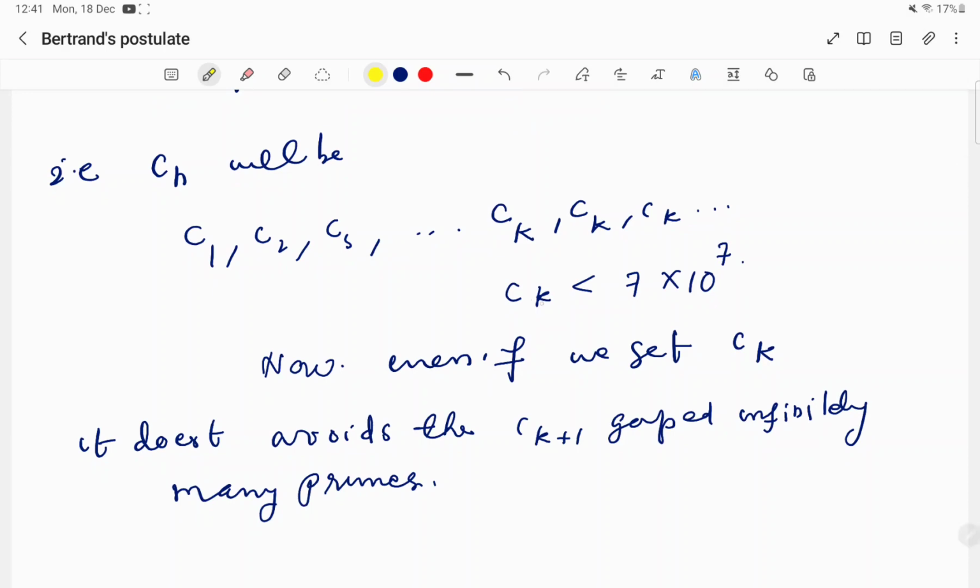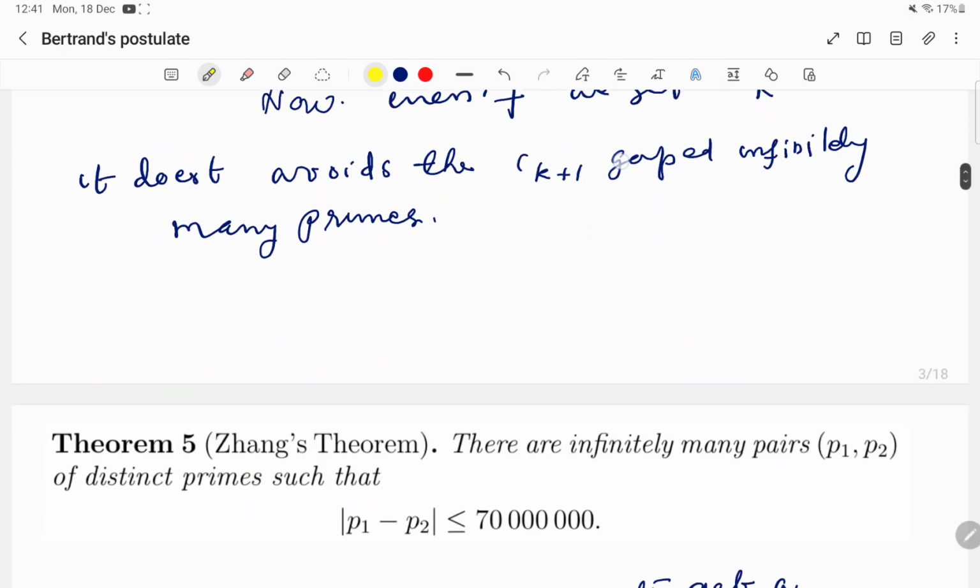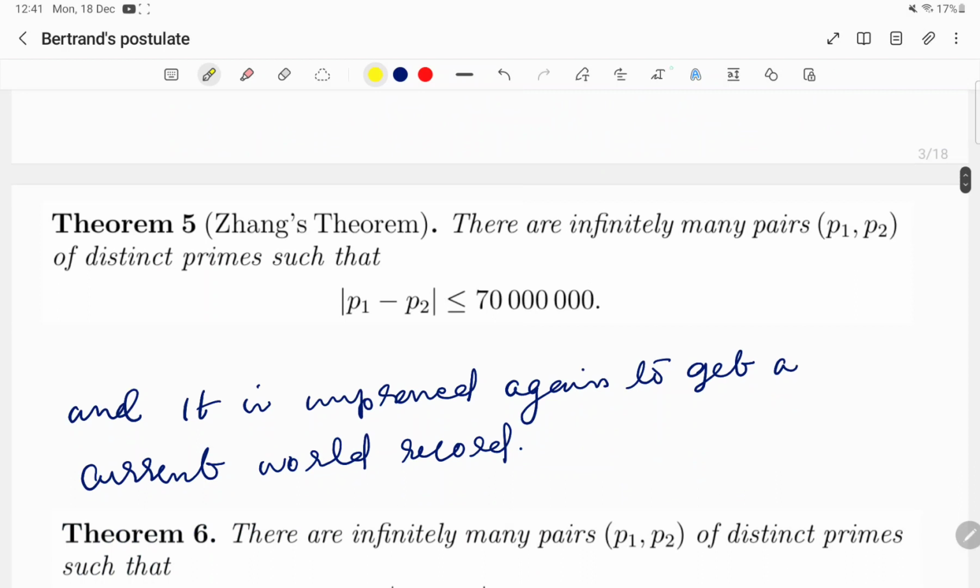Okay, so that's the proof, and let me rewrite Zhang's theorem, telling that there are infinitely many pairs P1, P2 of distinct primes such that P1 minus P2 is less than or equal to 70 million, right?